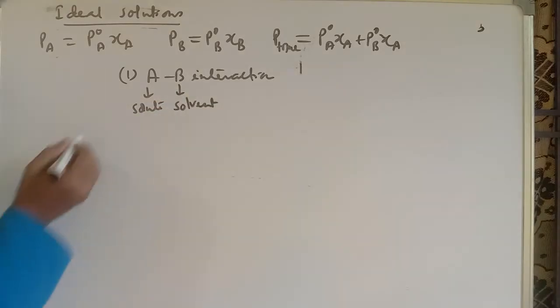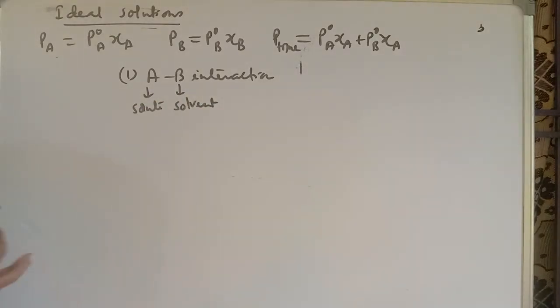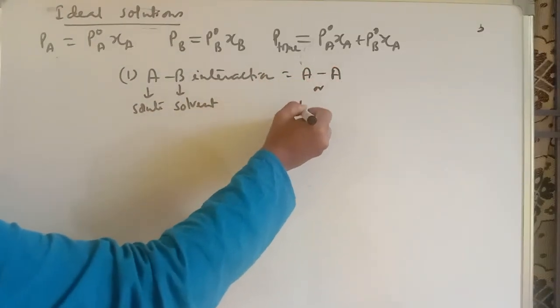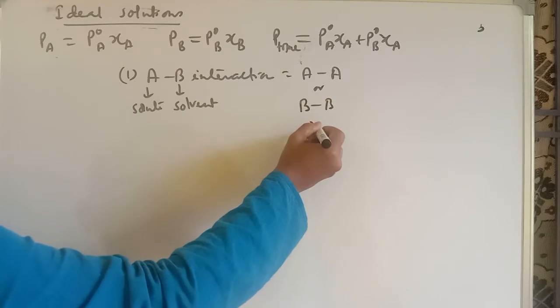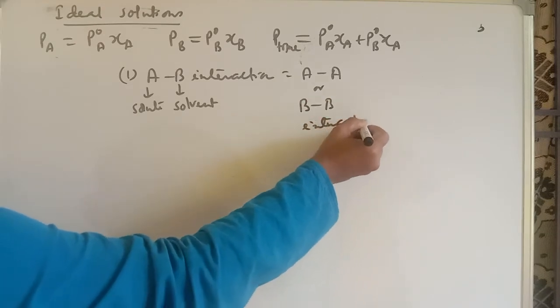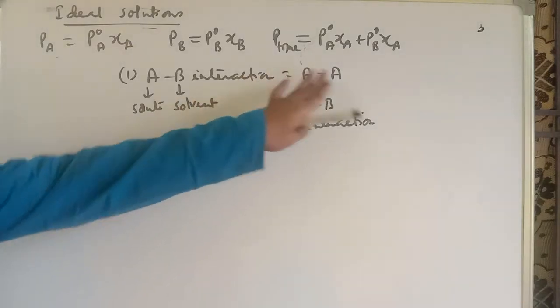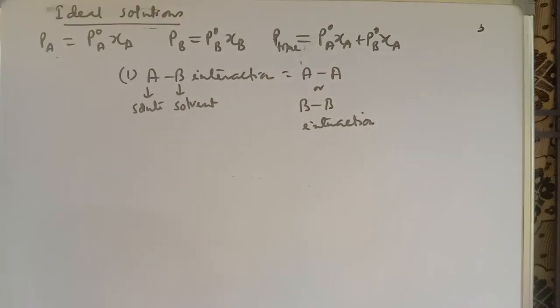That is, we are considering solute-solvent interaction after mixing, equal to AA or BB interaction. So solute-solvent interaction must be equal to solute-solute and solvent-solvent interaction. That is, after mixing and before mixing, the interaction should be the same.